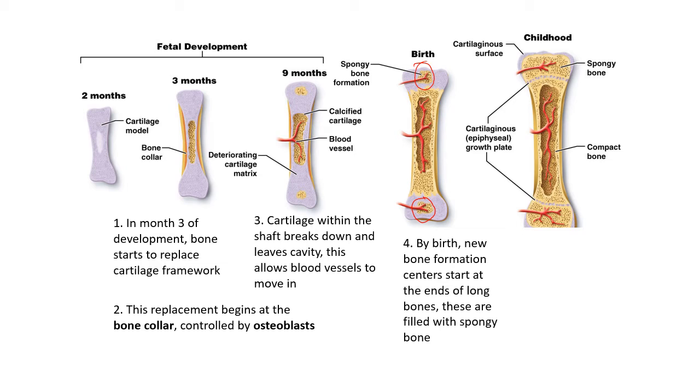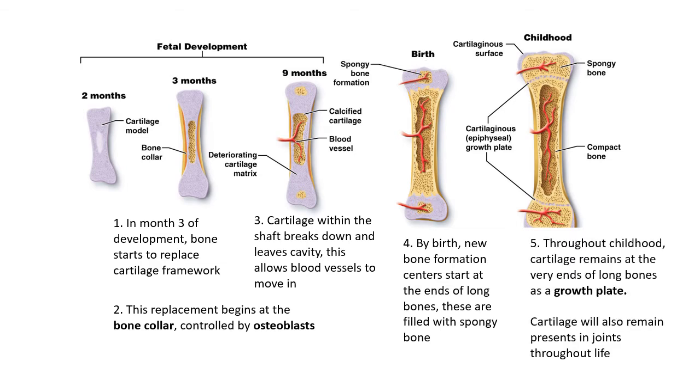From birth through childhood, this replacement process is going to continue. By the time we reach early adolescence, most of our cartilage has been replaced, but cartilage does remain here and here, where the shaft of the bone meets the top or bottom portion of that bone.